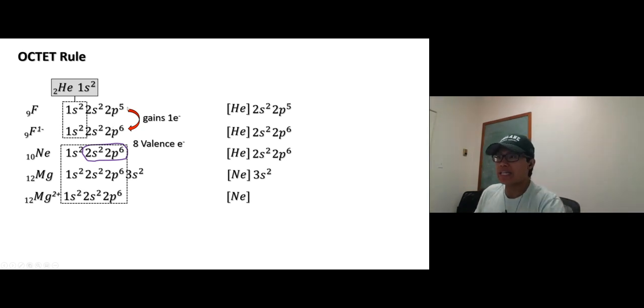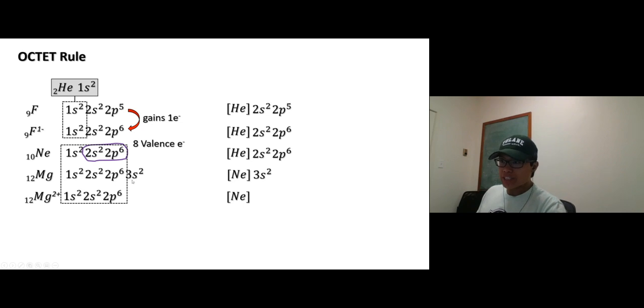Once it gains 1 electron, it becomes just like neon, stable. That's 8 electrons total. That's octet. The fluoride right here, we call fluoride. That's the reason why fluorine would love to become a fluoride ion and form a compound. We learn that in the next chapter.